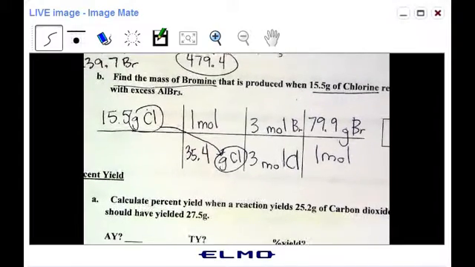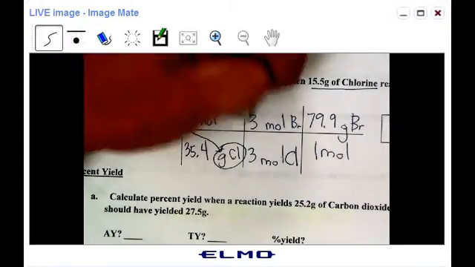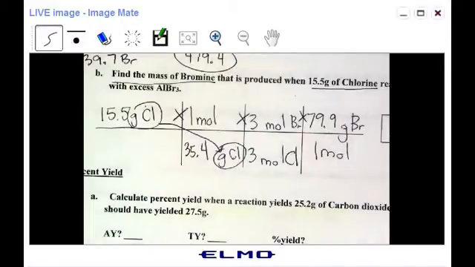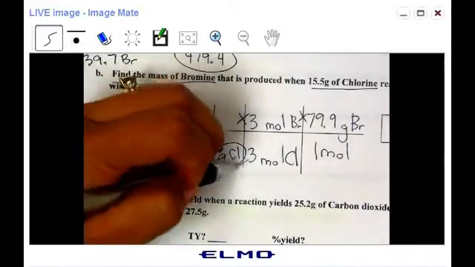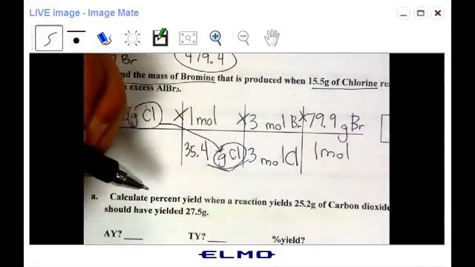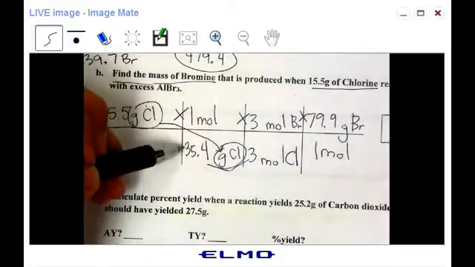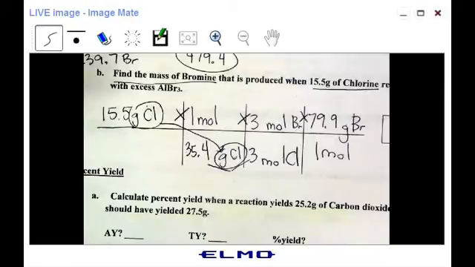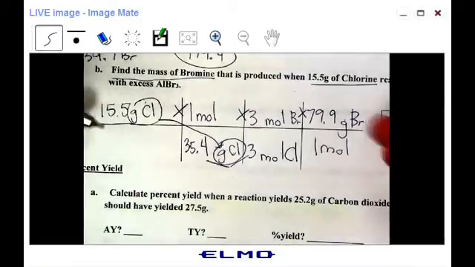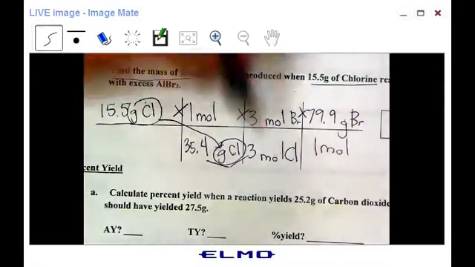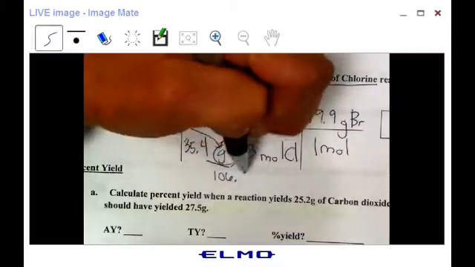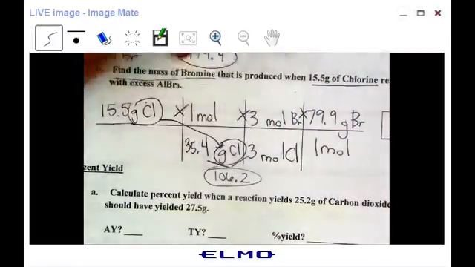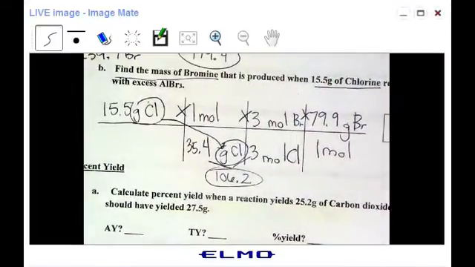Now you can solve. Anything side by side gets multiplied, and then you divide by the bottom. Again, you can do this in your own method. I personally multiply these two first, so I can just divide by only one number. I'm going to go ahead and multiply the top.